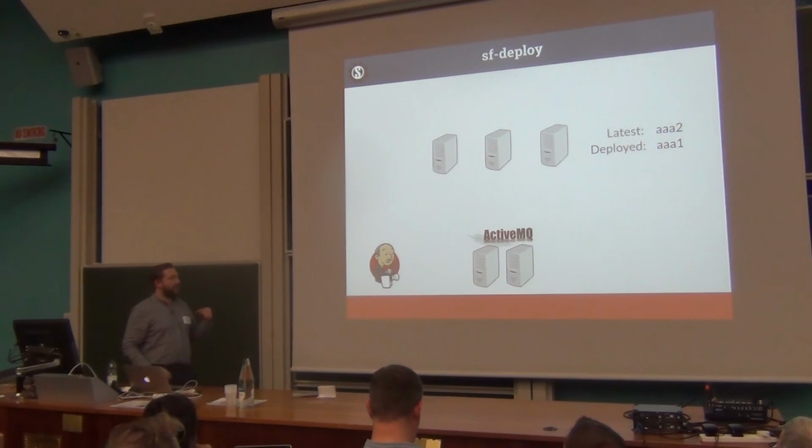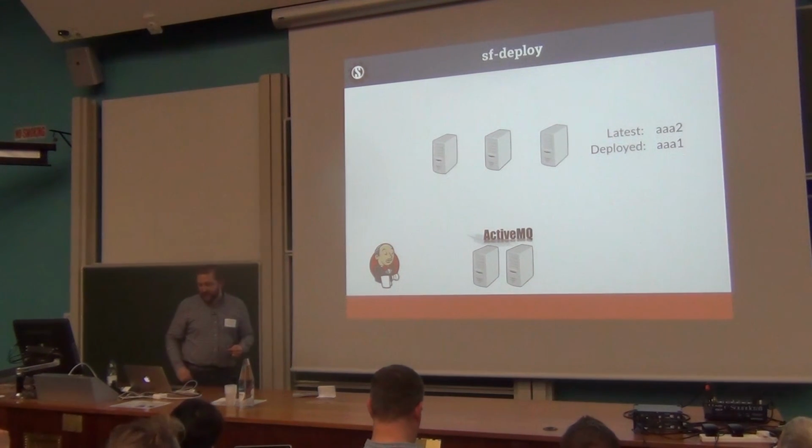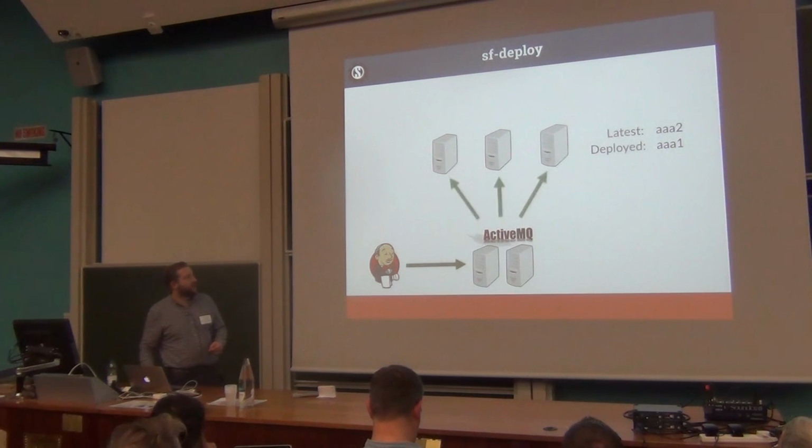Doesn't matter what, but you can have your Jenkins job ask for that. And at that point, your Jenkins job is again going to talk to the message queue. MCollective is going to spread that to all of the machines, and your deploy happens.